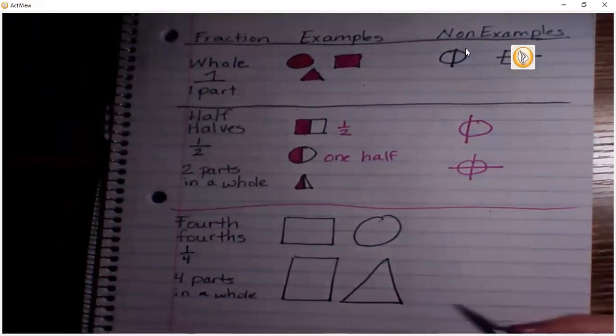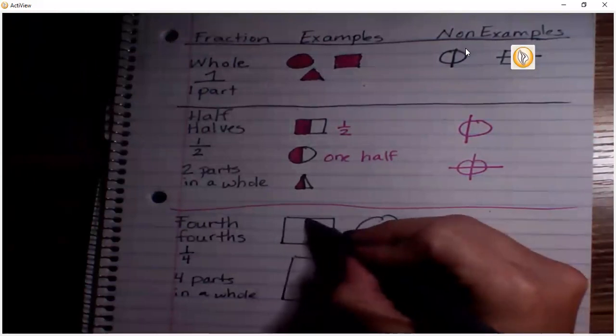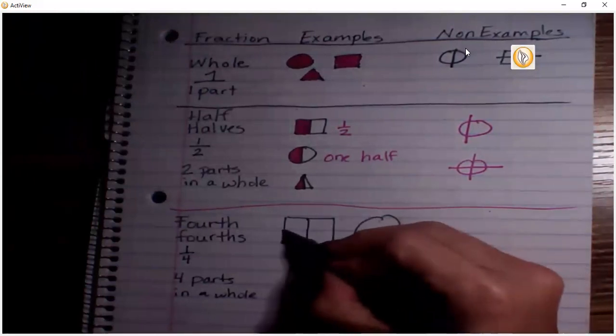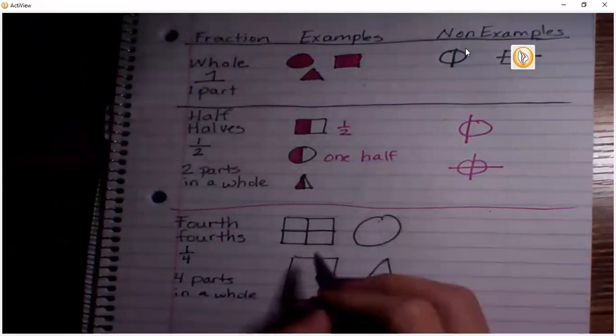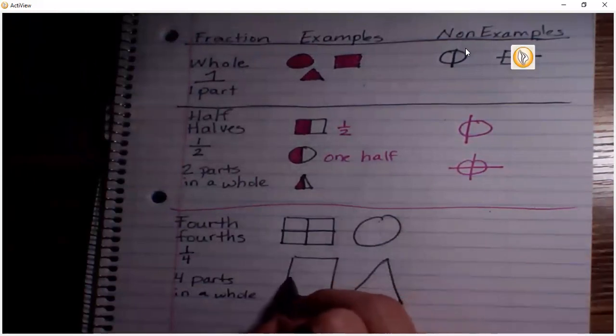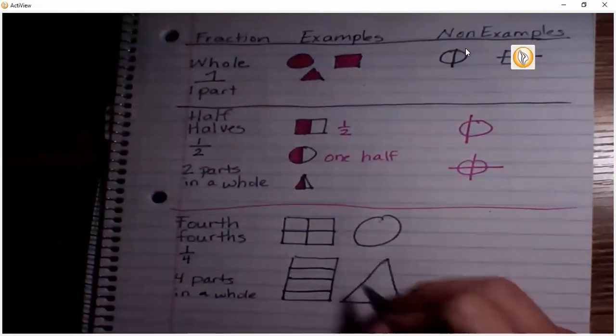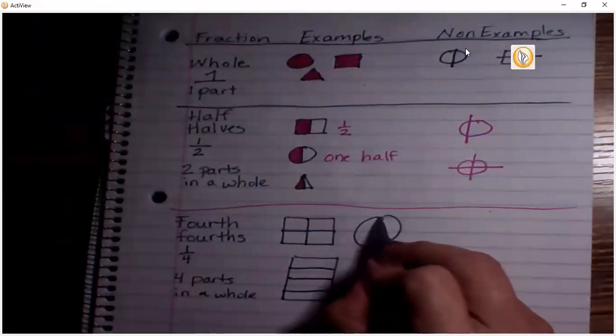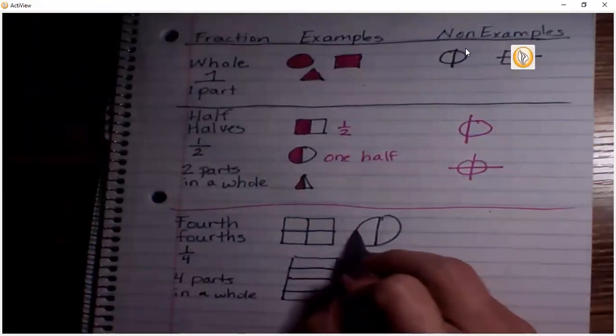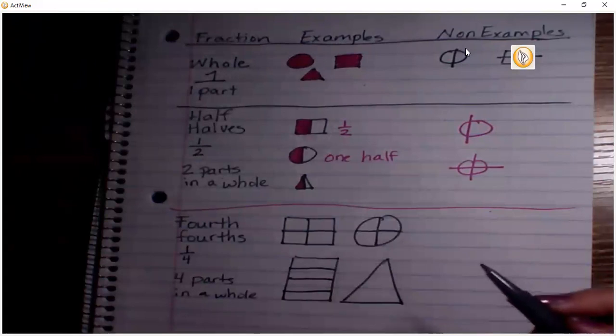So the first thing that you want to do is cut your shapes into 4 equal pieces. Remember, that's something that's very important when it comes to fractions. The pieces have to be the same size.